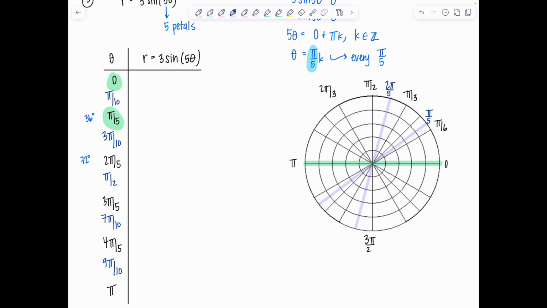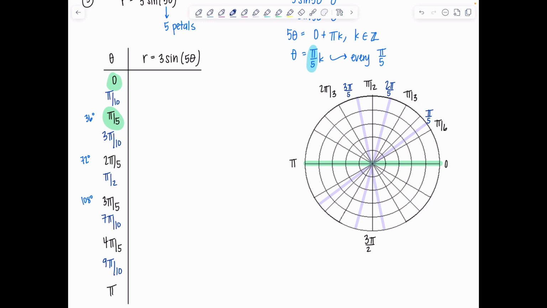Then we need 3 pi over 5, so that should be about the same amount of space on the other side. So 36 times 3, that's 108. So 3 pi over 5, let's say here.